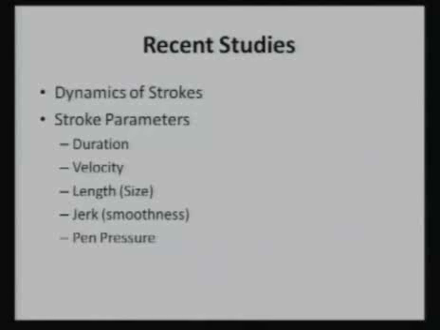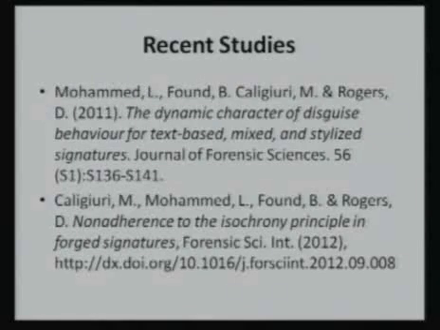So let's talk about some recent studies on dynamics of strokes. We looked at 5 parameters: duration, velocity, length, jerk, and pen pressure. Remember, these are all strokes, not of the whole signature. They're all strokes. And these have been published in JFS, Forensic Science International.